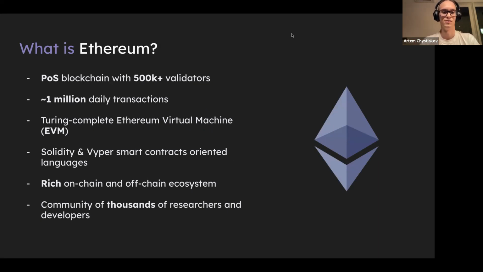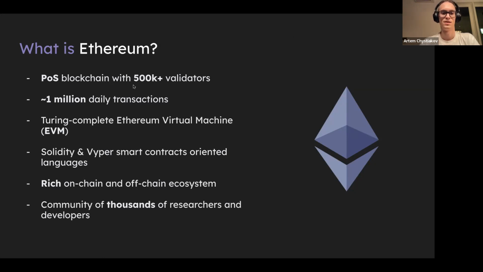It used to be a proof-of-work blockchain, but in September 2022, it switched its consensus to proof-of-stake via the famous Merge event, which was an amazing feat for the Ethereum developers.